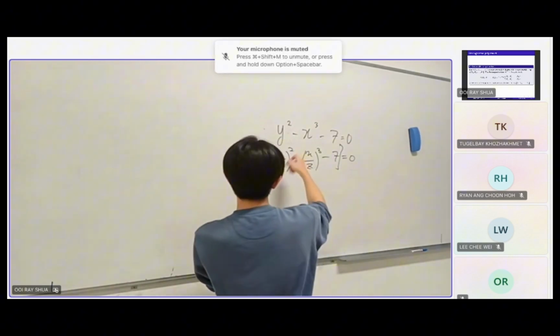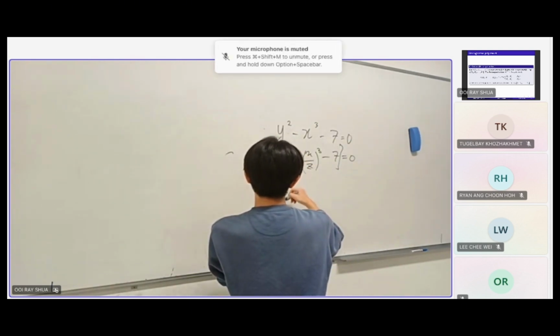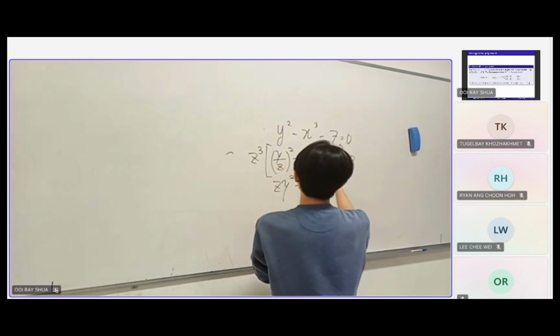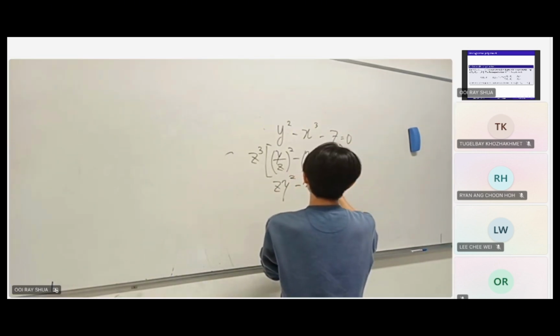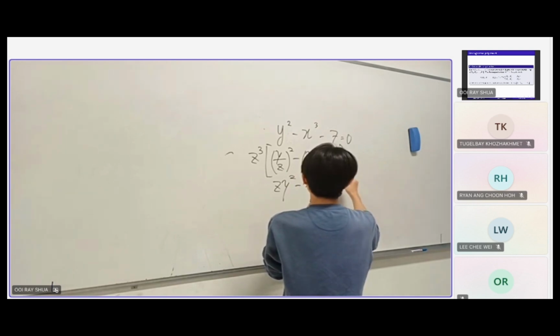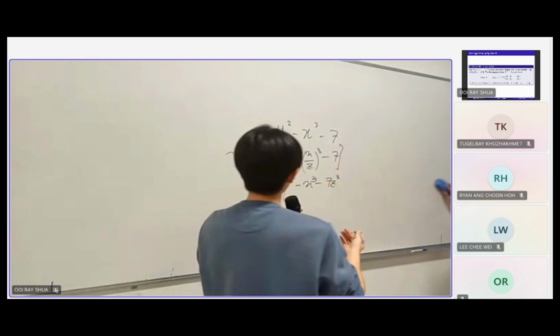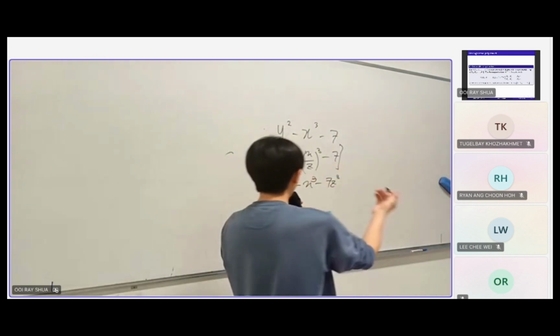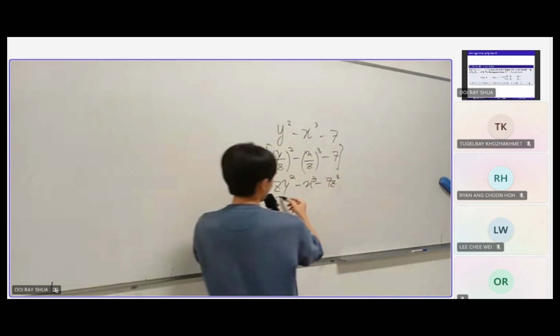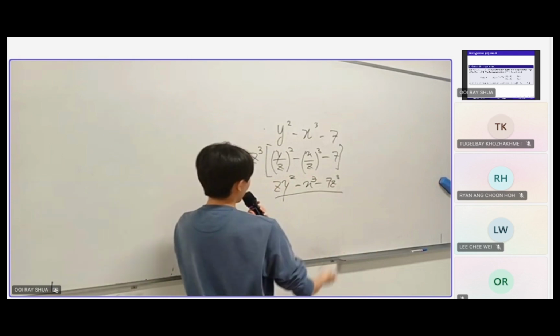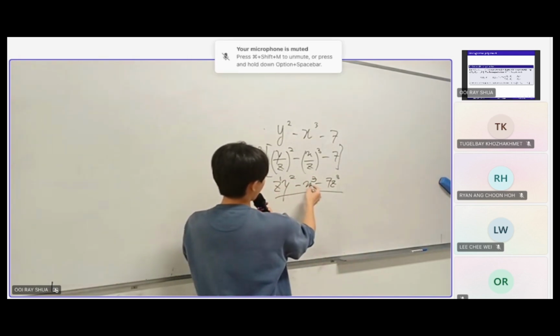And times and so on. Get this, and then it's done. Wait, sorry, you need the zero. Then you can verify that this one is homogeneous or not. Of course, it is homogeneous: 1 plus 2, 3, 3.